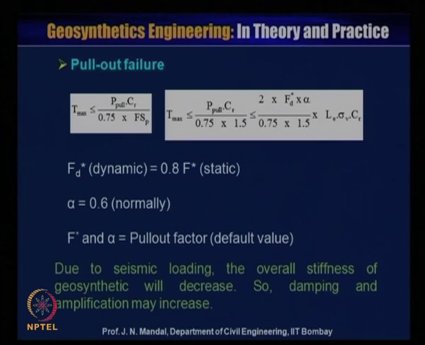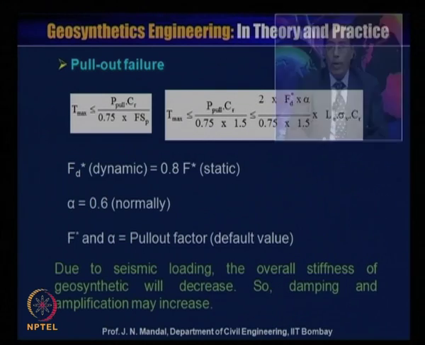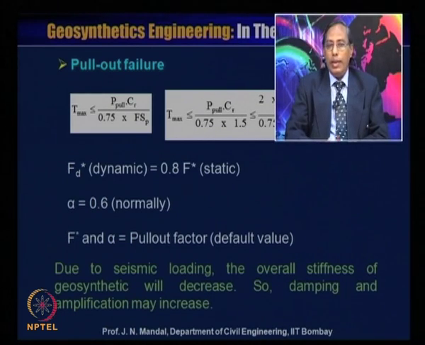So, F disturb dynamic should be equal to 0.8 into F star in the static, and alpha is generally taken as 0.6. F star and alpha are the pull out factors, that is the default value.